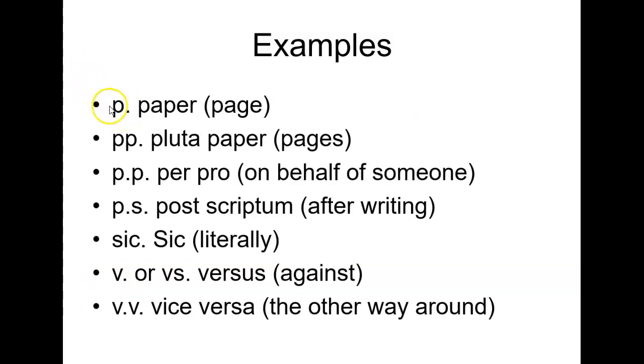Just a single p., that means page, or two p's together, pp., which is plural, pages. Notice that we've got a difference here, with a period after the single p and the second period after pp. Per pro, which means on behalf of someone.